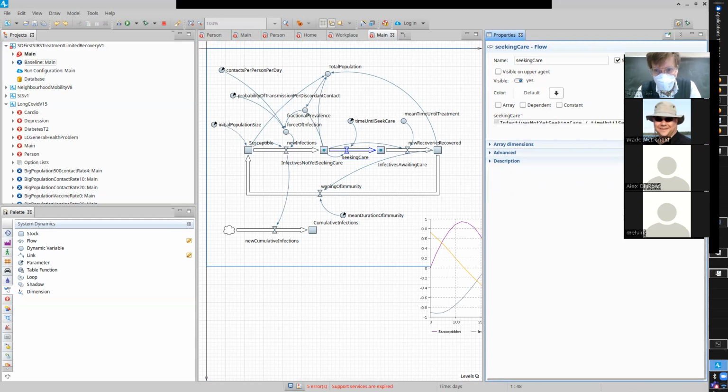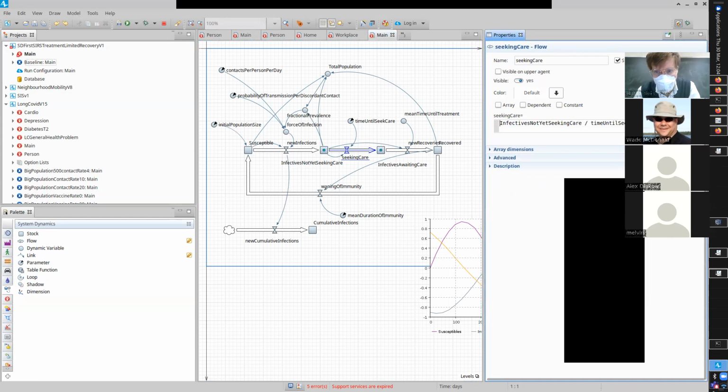This is a classic first order delay. If this were a rate, it would use a hazard rate, but here it's a mean time. So the value of the flow is given by the stock divided by the time until seek care.